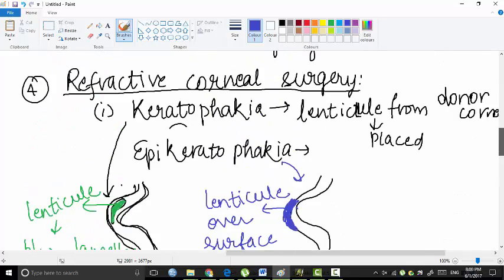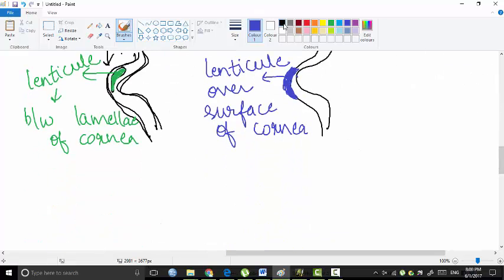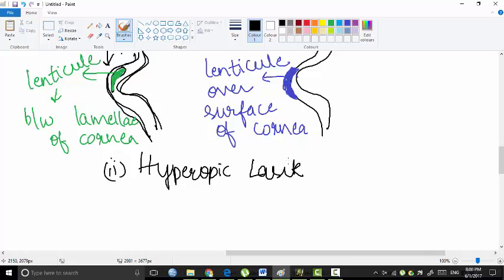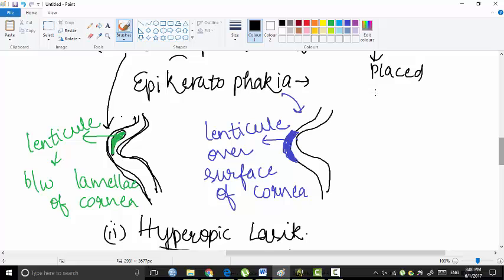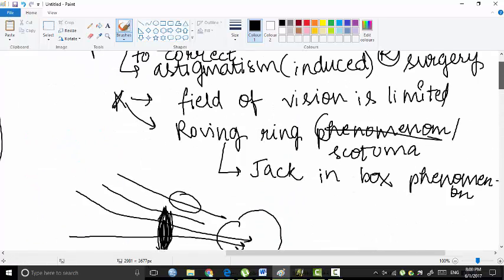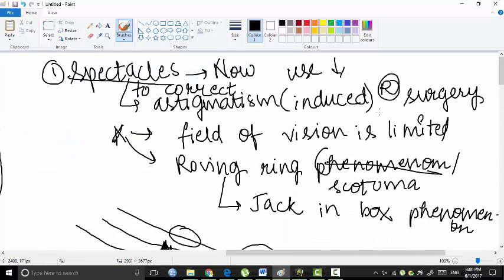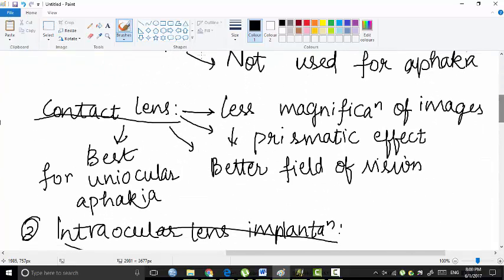And the second type of surgery which can be used is hyperopic LASIK or laser therapy. So all these are the modalities of treatment for aphakia. One is the use of spectacles, and the other is the use of contact lenses.